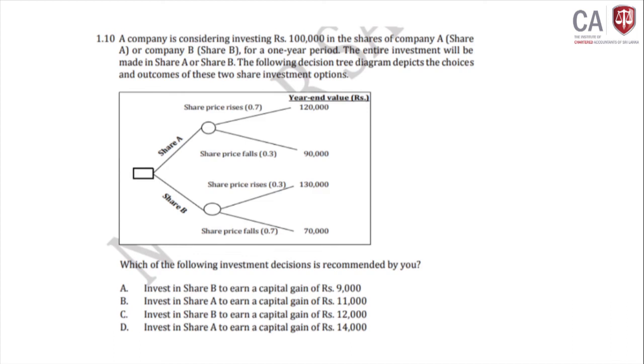They are asking which of the following investment decisions is recommended: invest in A or B, and the profit. Let's try to draw it quickly and do the question. You can quickly calculate expected value when you look at the circles.